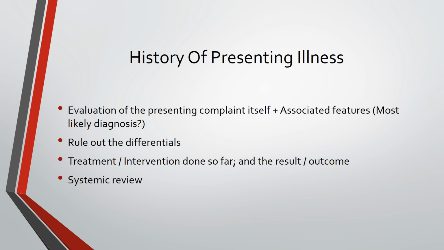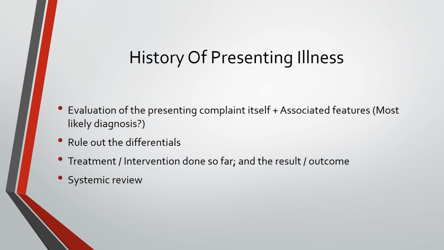After constructing a presenting complaint, then there is history of presenting illness. It has 4 different parts. The first part is the evaluation of the presenting complaint itself as well as its associated features, which will likely lead to the most likely diagnosis.